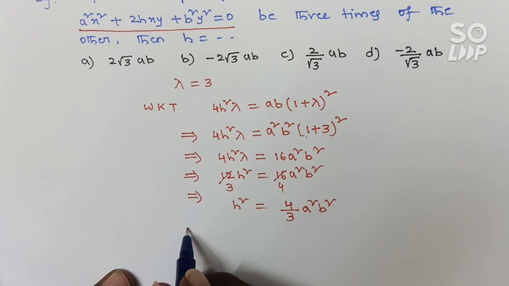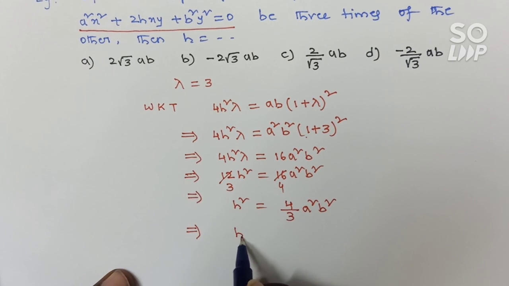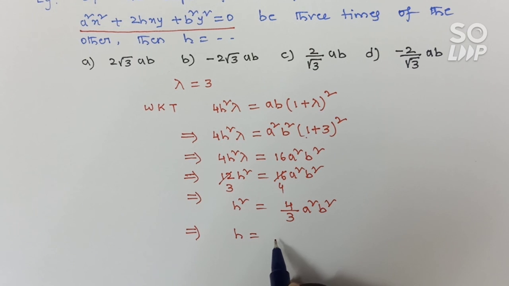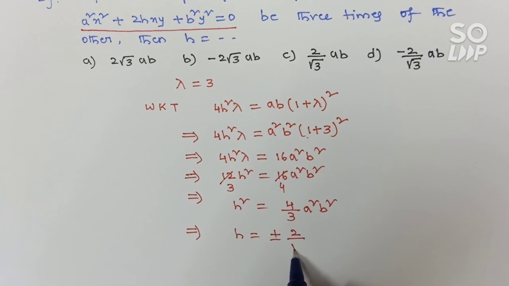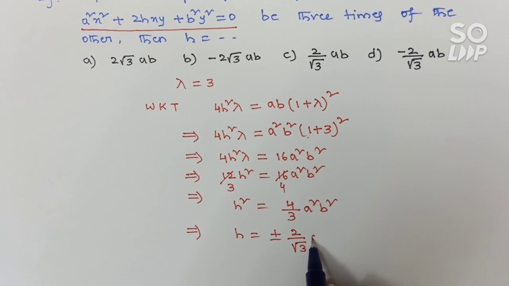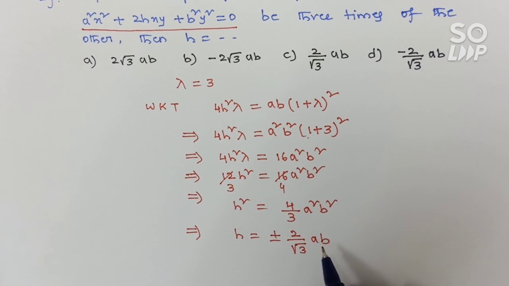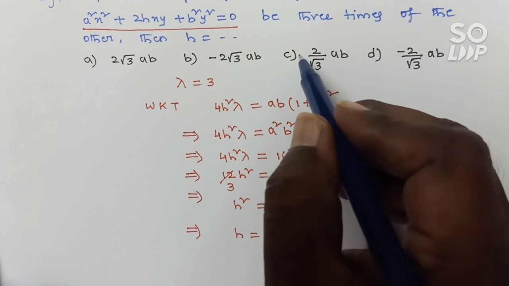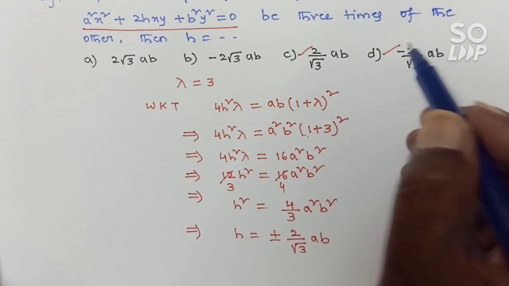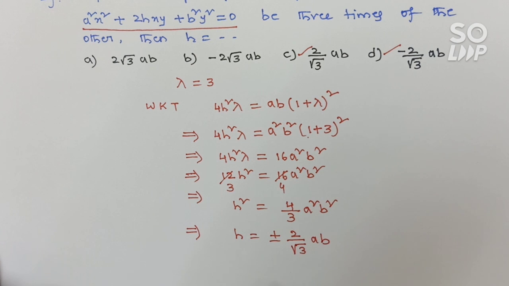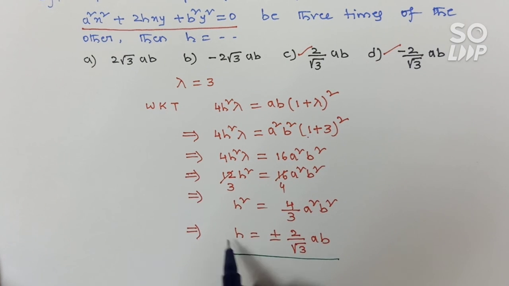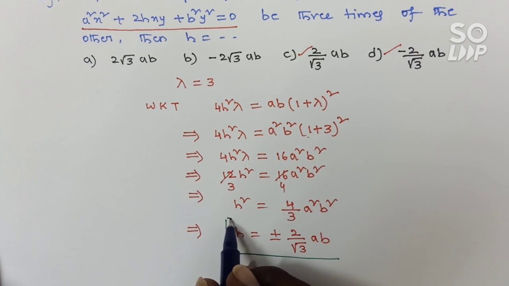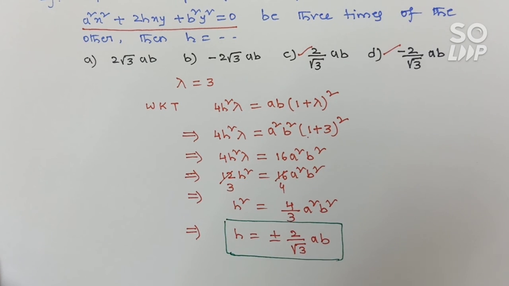That implies h is equals to plus or minus 2 by root 3 into ab. So your correct option is either C or D. So h value is equals to plus or minus 2 by root 3 into ab. So this one is one example to the above concept.